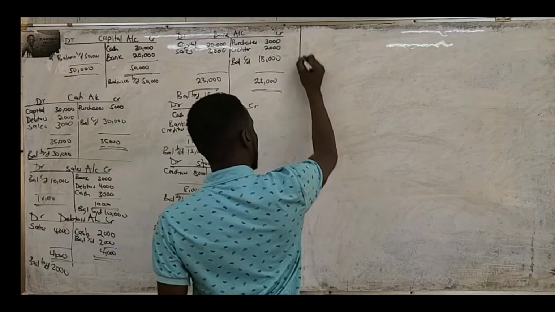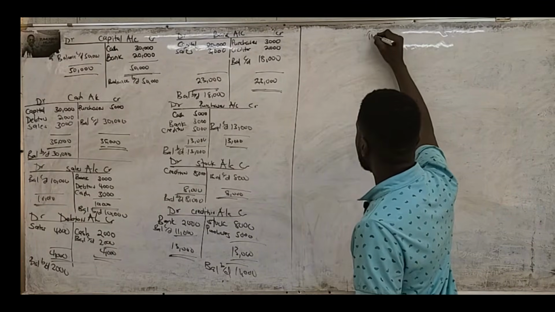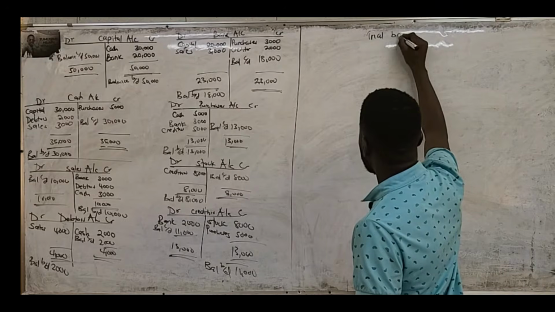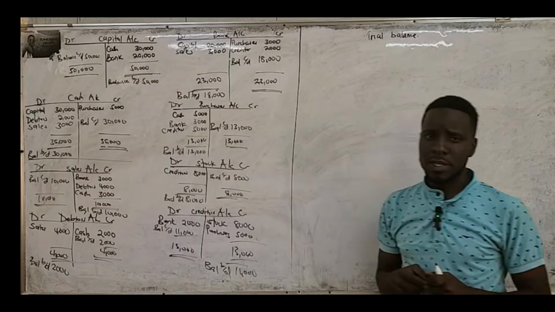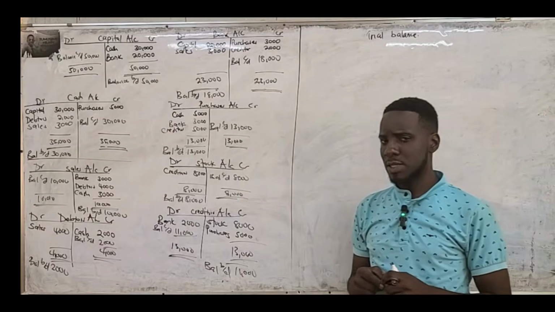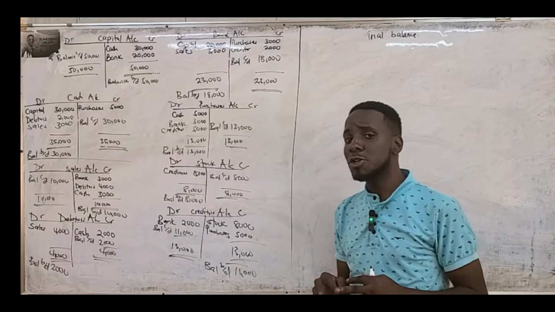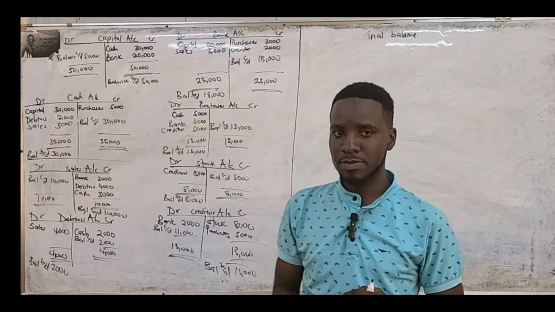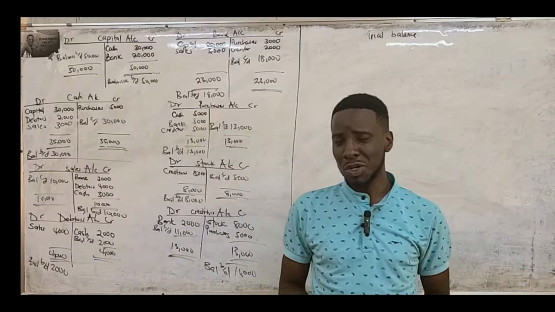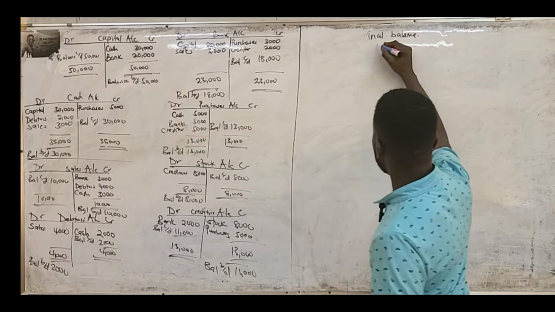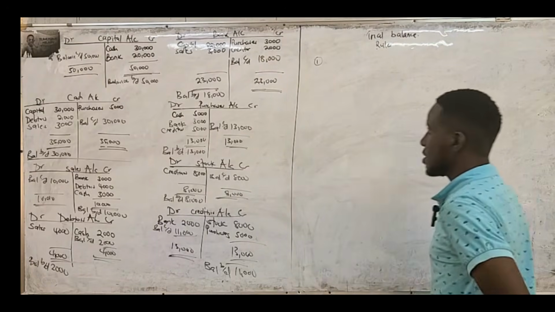Now, allow me to take you to what they call the trial balance. I remember telling you that the trial balance is a list of balances. Okay. Now, there are 3 rules I want to give you to help you when you're doing a trial balance. Don't use them as cramwork, but I want to give them to you to help you. So let me call them the rules. So we have rule number 1.